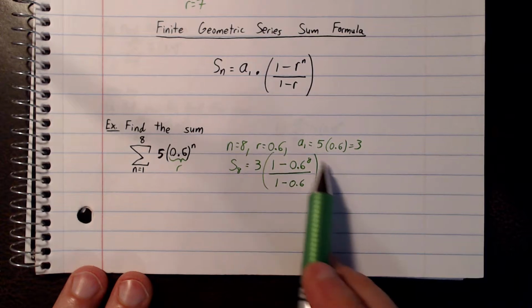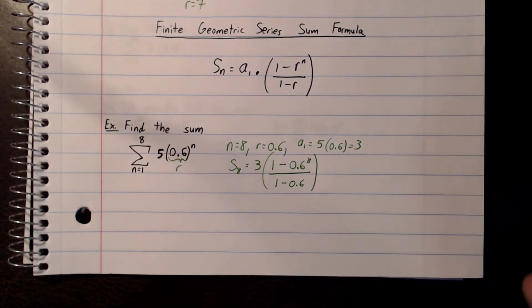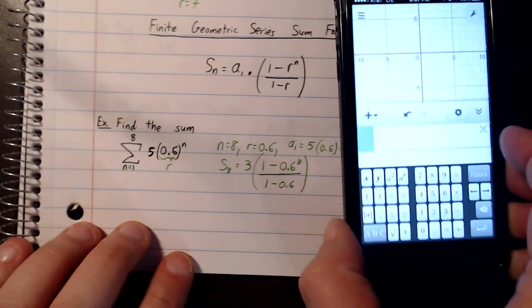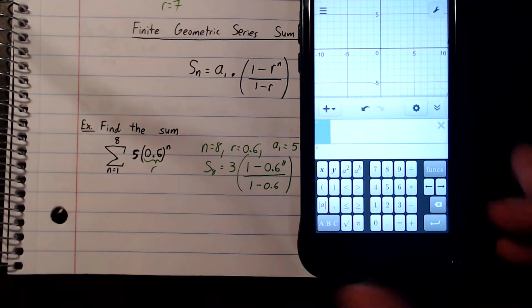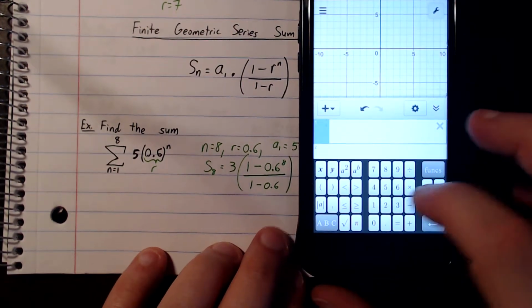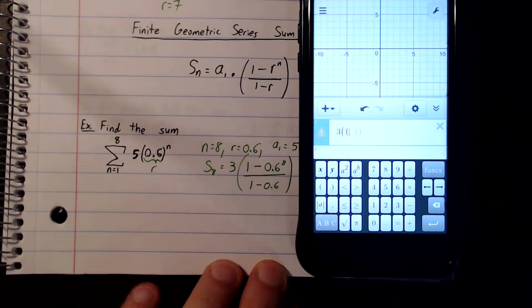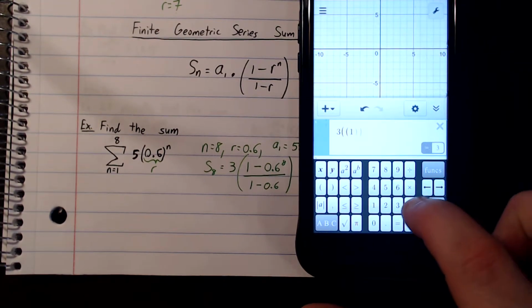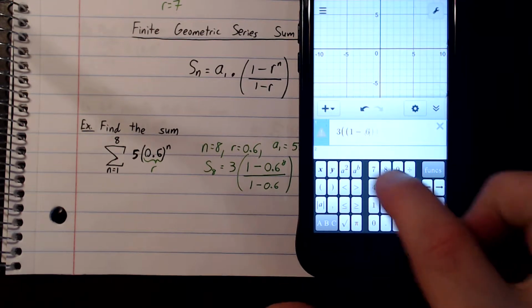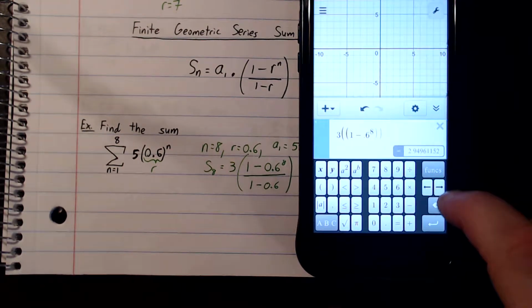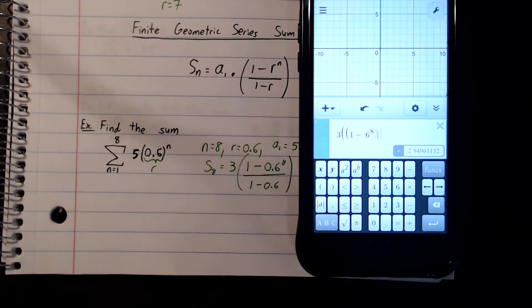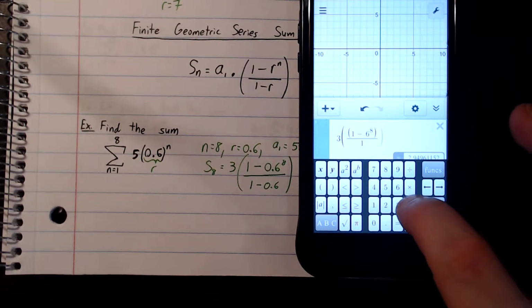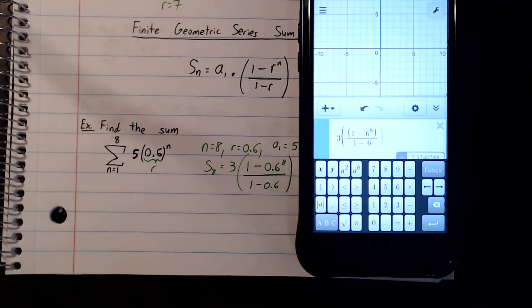So I'm going to type this all into the calculator, and I'll show you right here. Okay, 3. I'm going to need double parentheses, 1 parentheses for this top piece, 1 minus 0.6 to the 8th. So that's the top, divided by 1 minus 0.6 for the bottom.